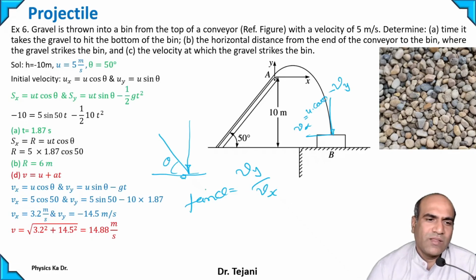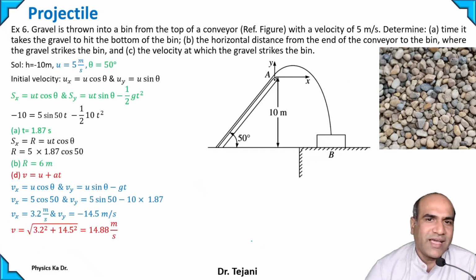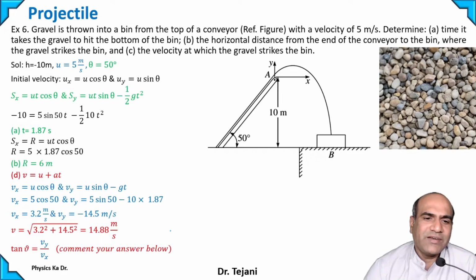And for the velocity, you just need to take under root 3.2 square plus 14.5 square. So the answer is 14.88 meter per second. Right. So tan theta is equal to Vy by Vx, and comment your answer after getting your angle.